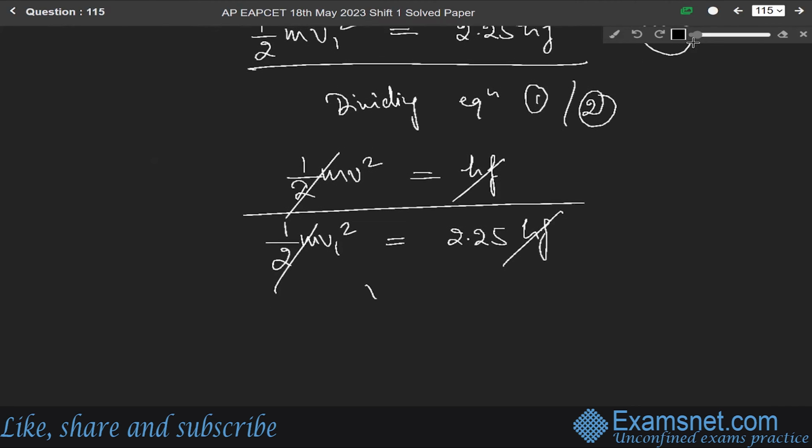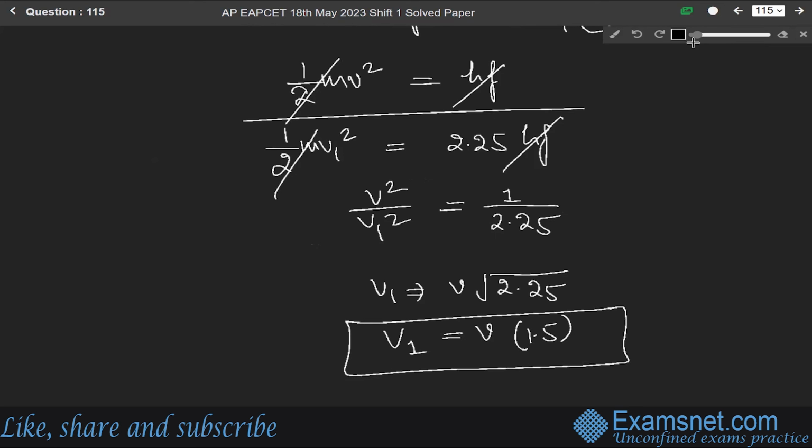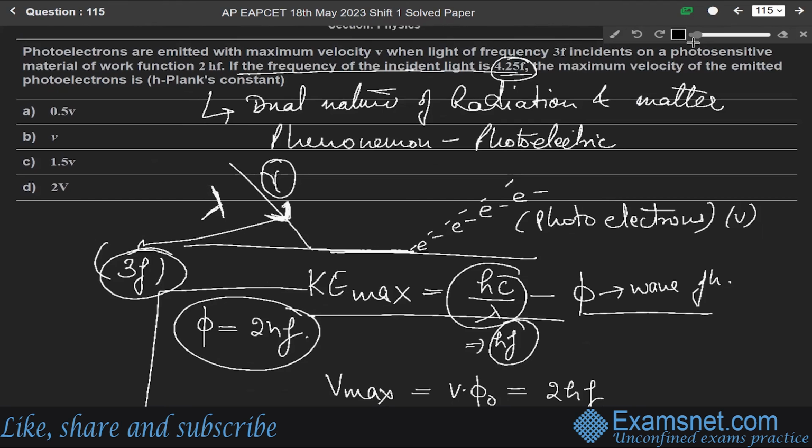So we get v square over v1 square equals 1 over 2.25, meaning v1 equals v into root of 2.25. It will be equal to 1.5 v, so v1 will be 1.5 v. So our correct answer is option C.